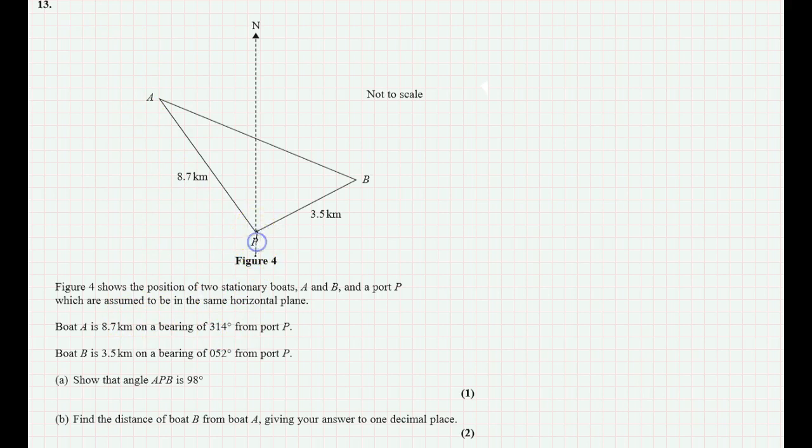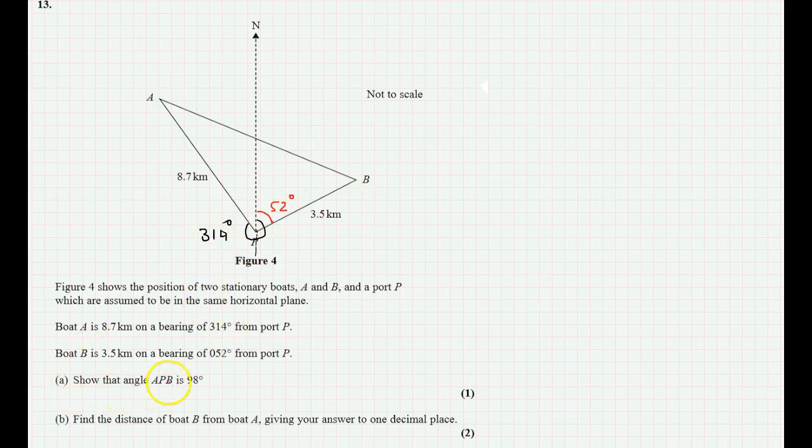So this angle is 314 degrees. Boat B is 3.5 kilometers on a bearing of 52 degrees. We take bearing from the north. So this is the bearing of A, this is the bearing of B, that is 52 degrees. This one is 314 degrees.